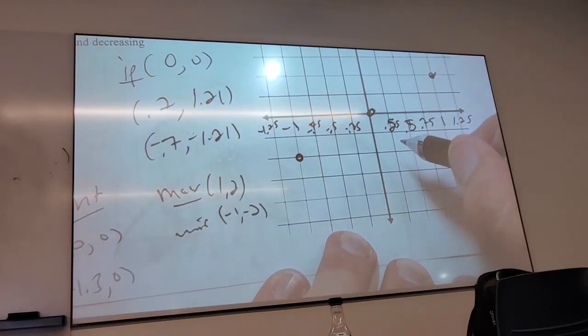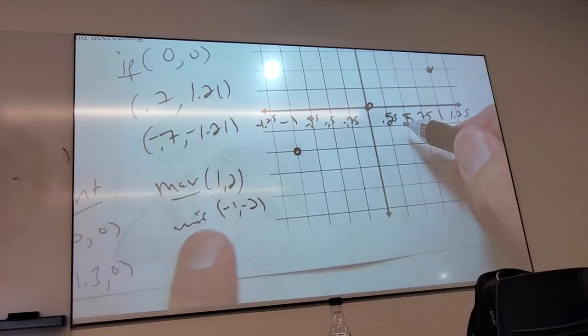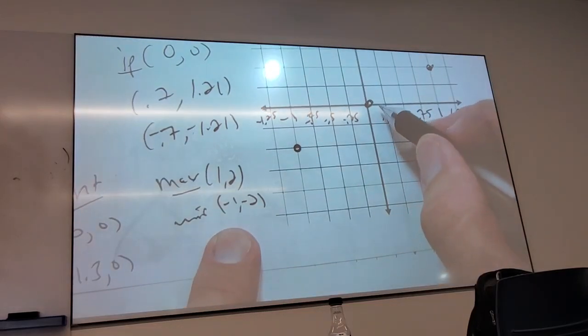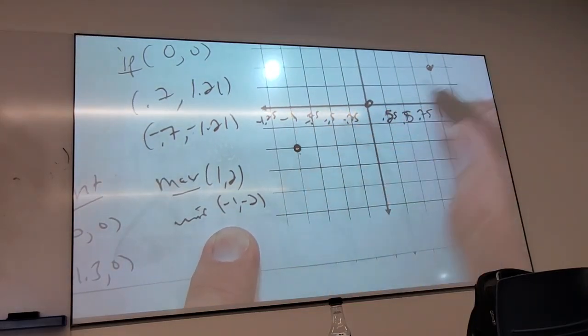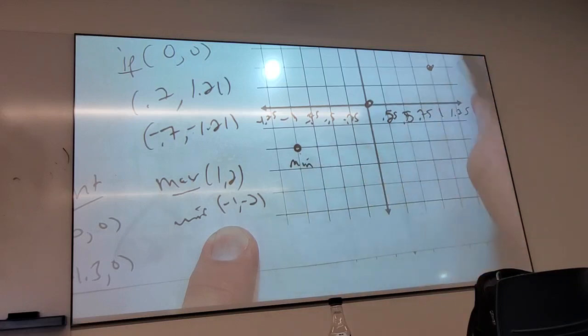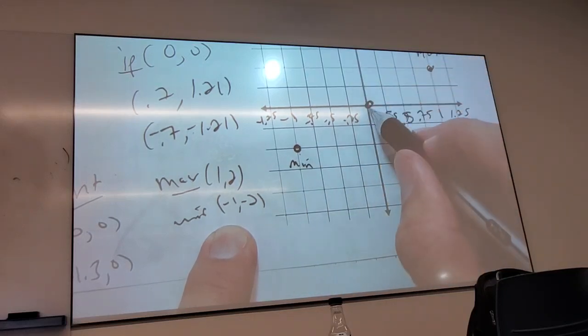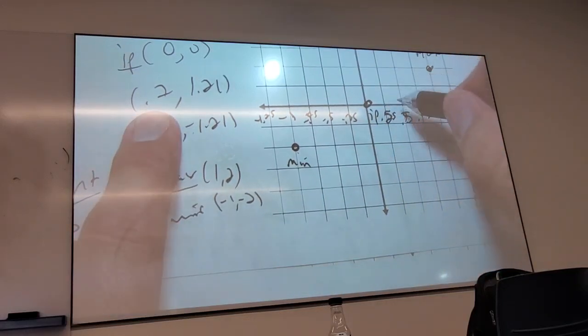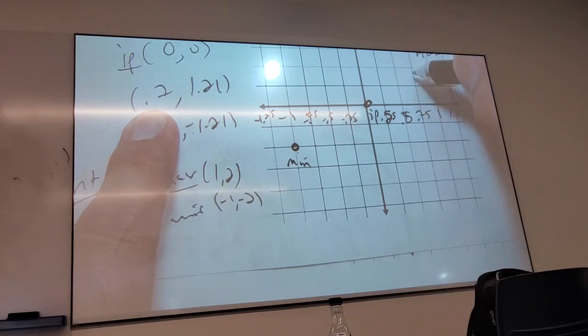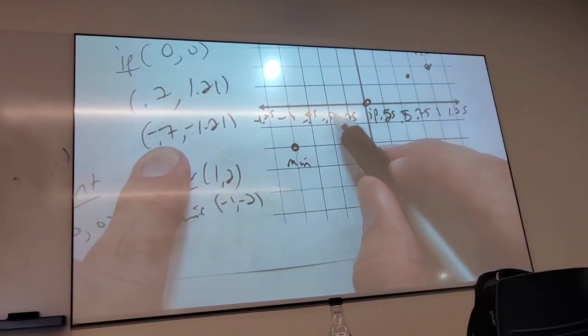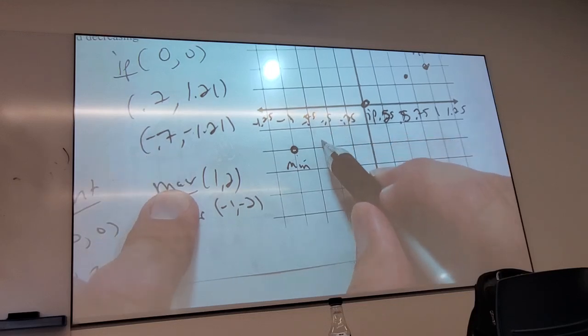Maximum at, Jeff, you just wrote it, there it is. There's a min at negative 1, that's what you just put, good job. That's a min, max. My inflection points are 0, 0, 0.7, 1.21, and negative 0.7, negative 1.21.